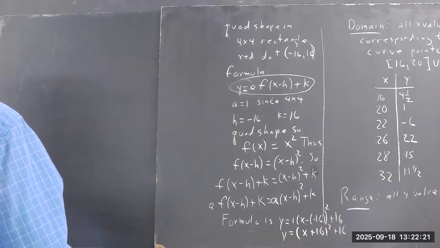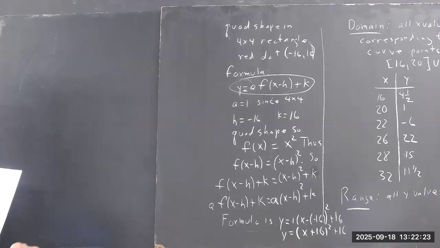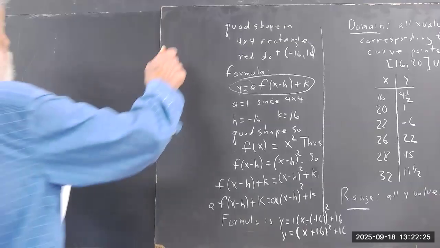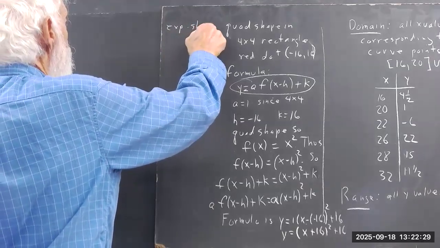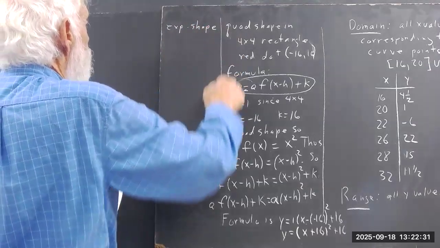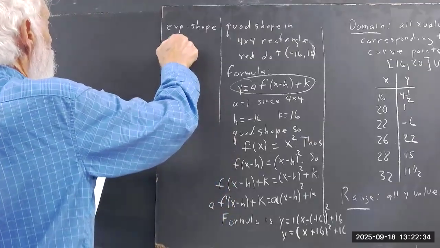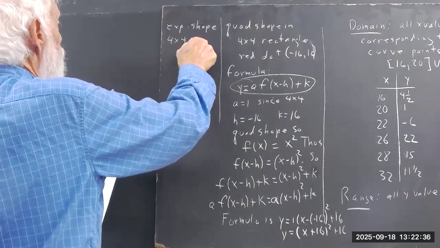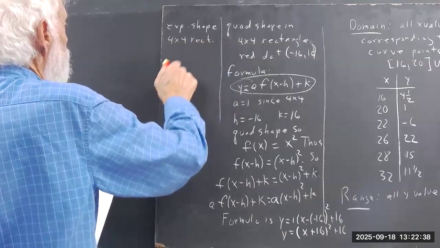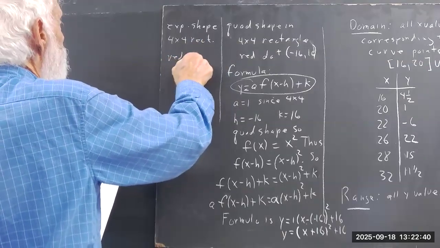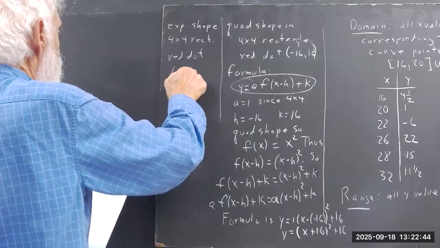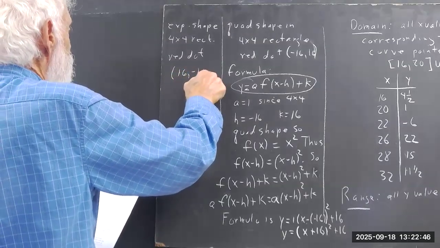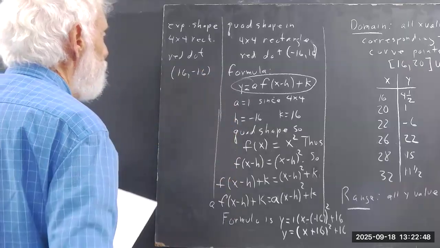number 3. Exponential shape. The 4x4 rectangle with the red dot. In this case, at 16, negative 16.